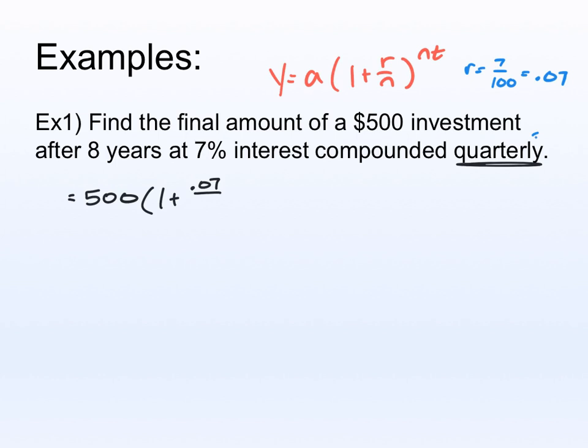Quarterly, there are 4 quarters in a year, so it is divided by 4. Okay. Now, this is going to be raised to the N times T. So we know N was 4, but then they tell us exactly, they tell us after 8 years. So the T value would be 8.